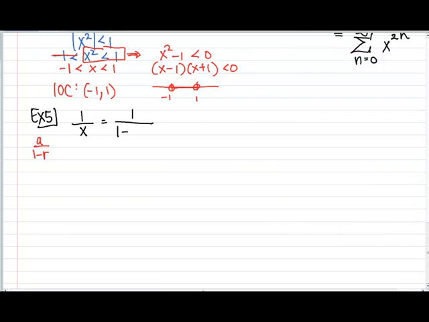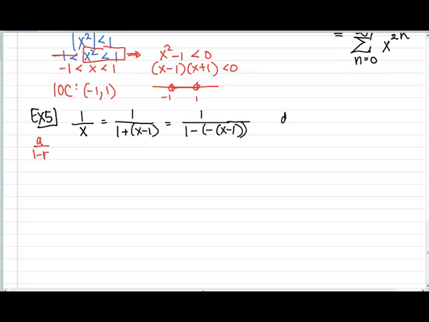I know many of you guys are probably thinking 1 plus x minus 1, because the 1 and the minus 1 will cancel out. But remember, we want it to be a over 1 minus r, so I'm going to write this out as 1 minus a negative x minus 1. I know it looks a little bit tricky, but that's what I want us to use.